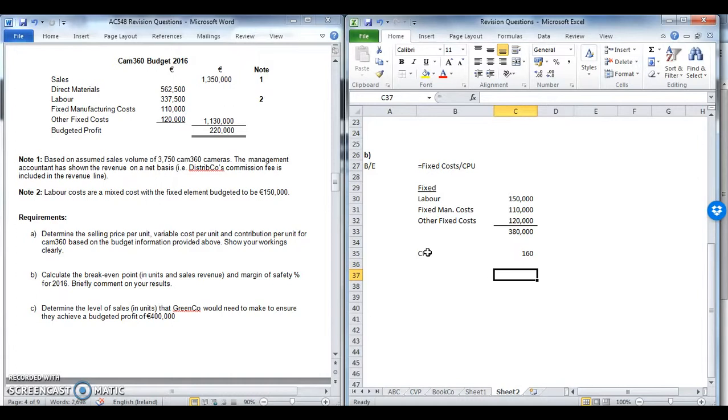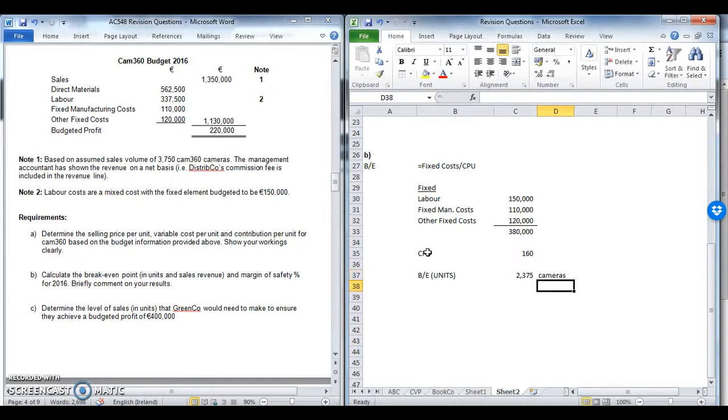So essentially a way to rephrase this question is, how many cameras do you have to sell, generating €160 per camera, to cover the amount of fixed costs, i.e. to make 380,000. So the break even in units is 380,000 over 160, i.e. you need to sell 2,375 cameras.